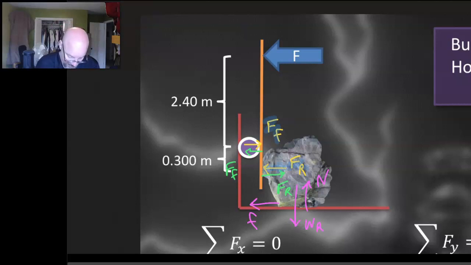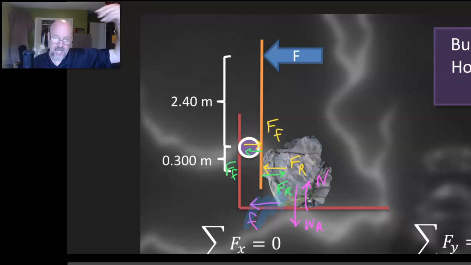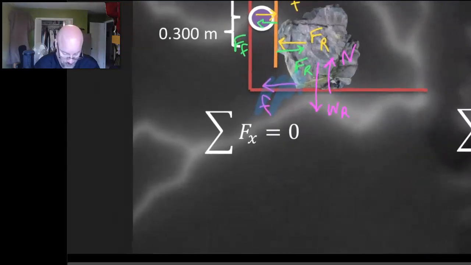And how we're going to get that is by knowing what's happening with the friction. So the friction is going to be our key. If we can get that friction, then we can get F sub R. F sub R can lead us to getting F and F sub F. I hope that makes sense. So we'll start with the boulder in order to get that friction.